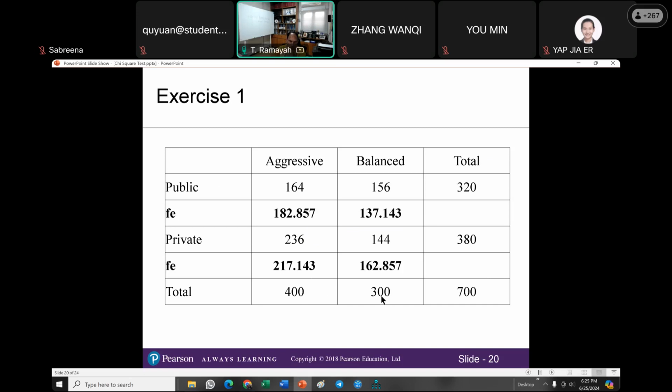And then 300 times 380 divided by 700, you get 162.857. So those are the numbers that you get for FE. These numbers are actually FO, the 4 observed values. We already calculated the expected value.